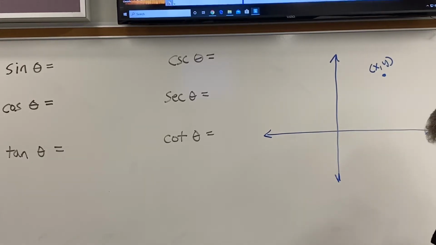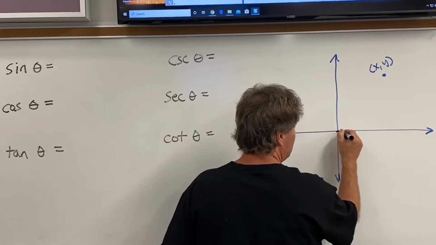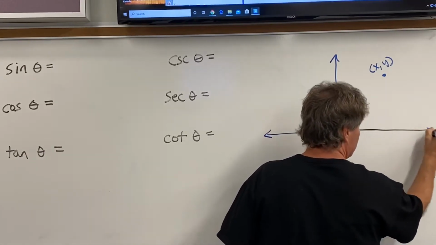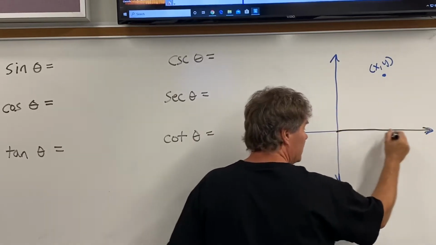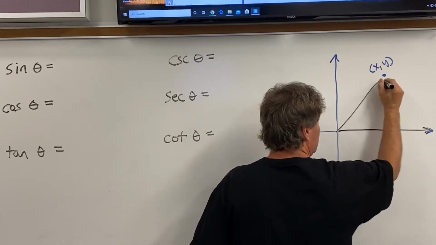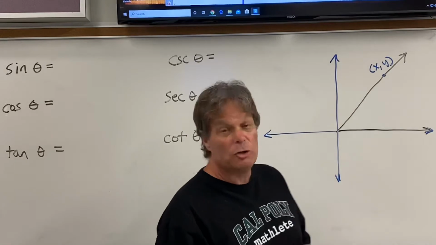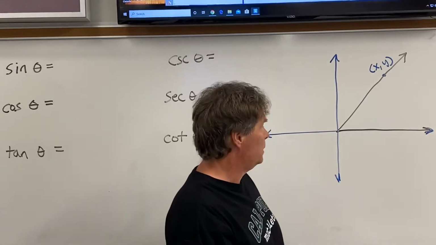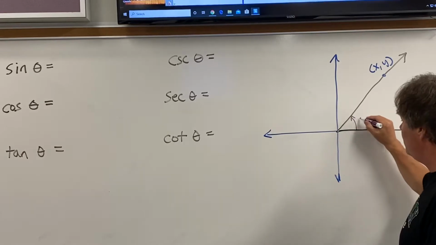Now, you can always create an angle that has the x-axis as its initial side, the positive x-axis right here, and this terminal side. This is called the initial side, the other side of the angle is called the terminal side, and make it go through this. So I made it so that this point is a point on the terminal side of the angle, okay?